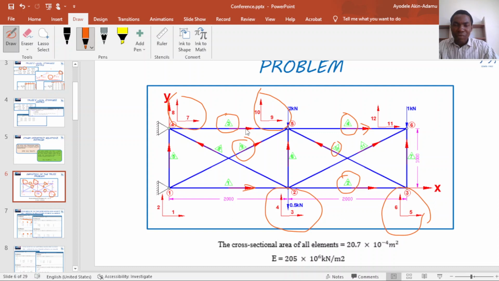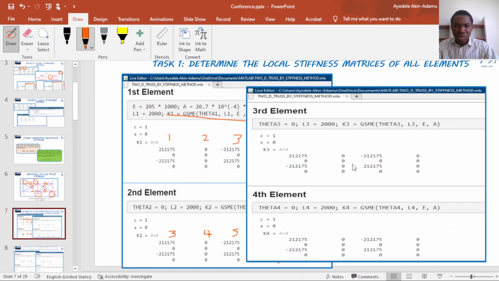The direction of the arrow is very, very important. So because the arrow is pointing from node 4, my numbering for element 3 is 7, 8, 9, 10.